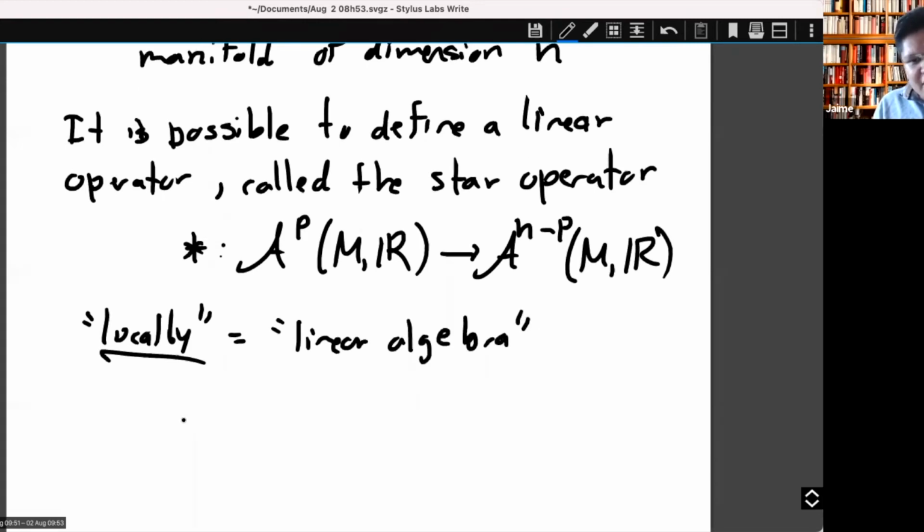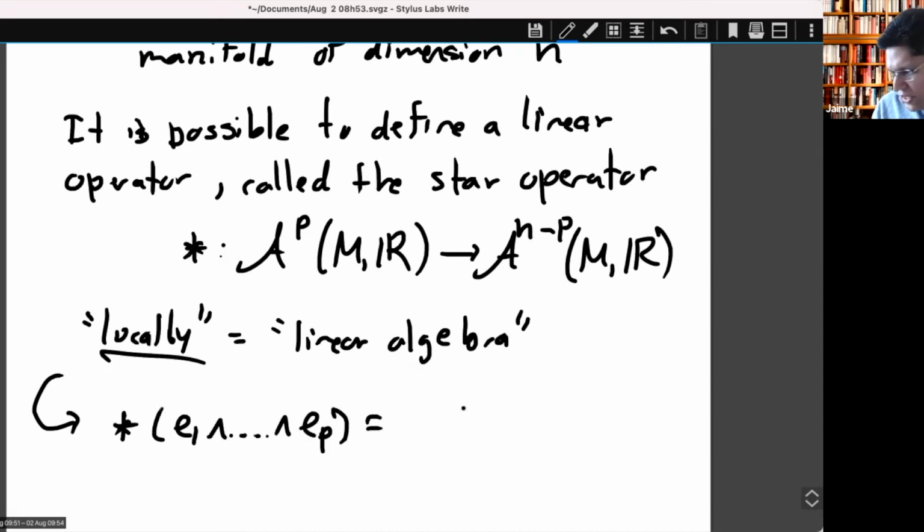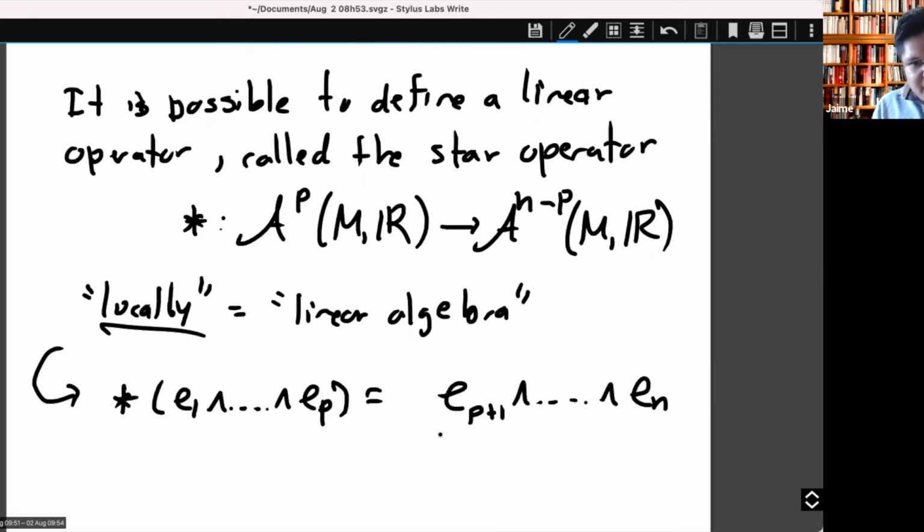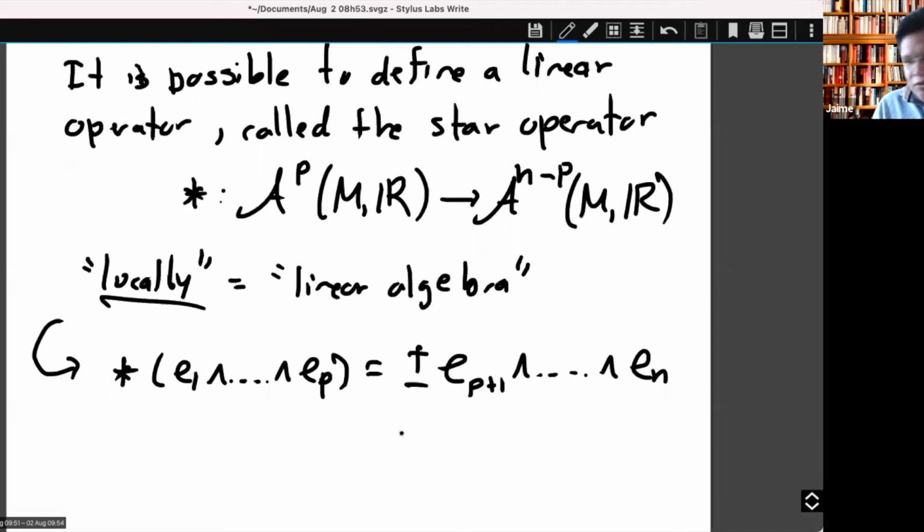Whenever you have a finite dimensional vector space, what the star operator does is that when you have the wedge product of elements of the base, you take these elements to the wedge product of the following ones, right? And this is plus minus, it depends, you have the signature playing.